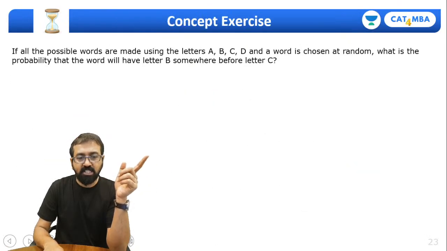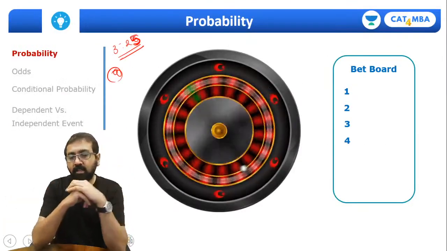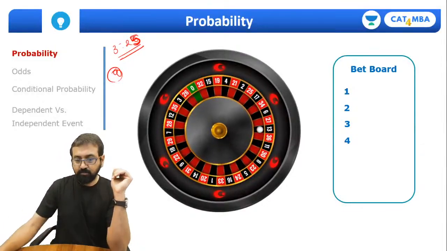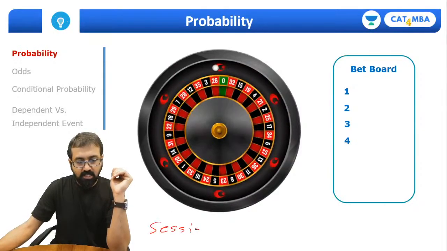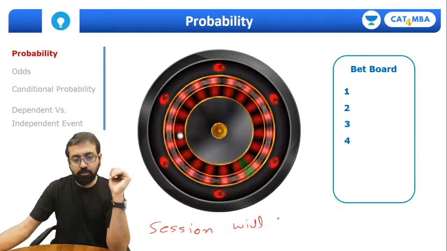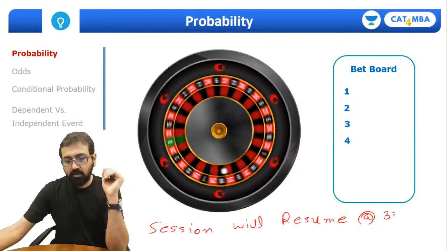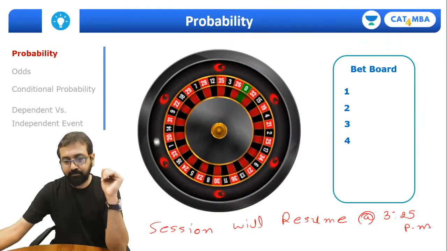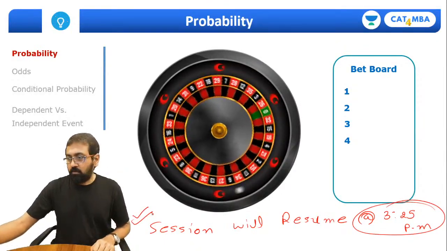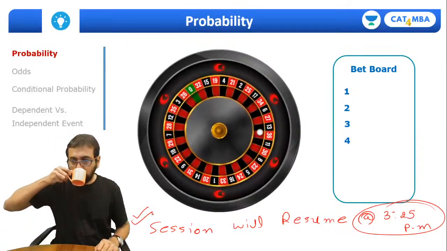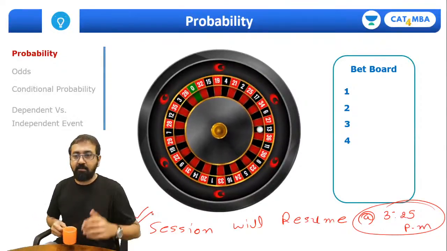I've already displayed the question, so you can just pause and come back. Okay. Session will resume at 3:25 p.m. And then we'll play this roulette, by the way. Once I come back, we'll play this.